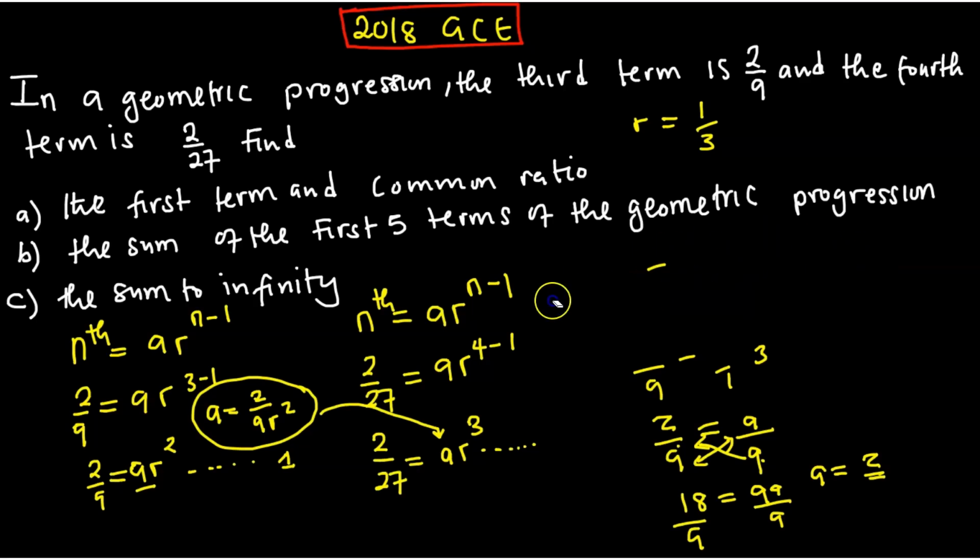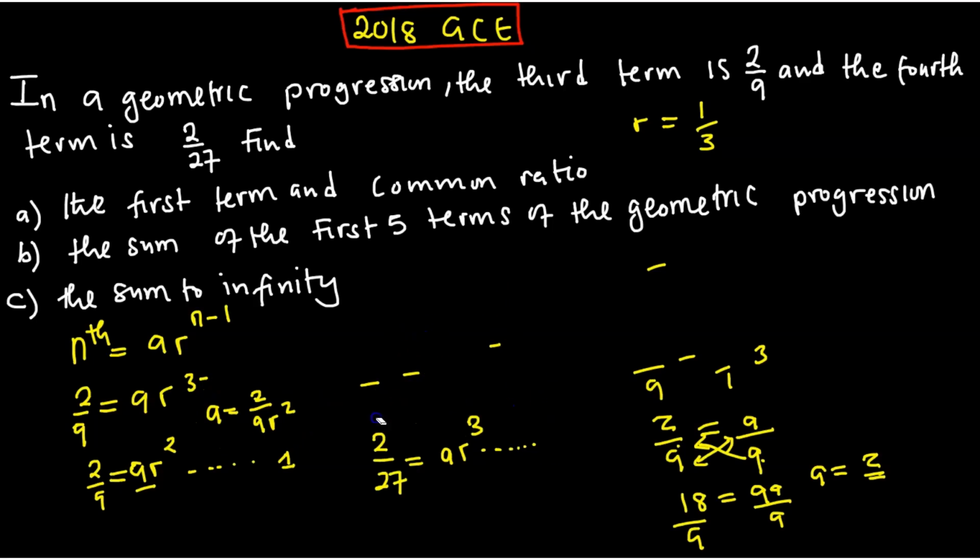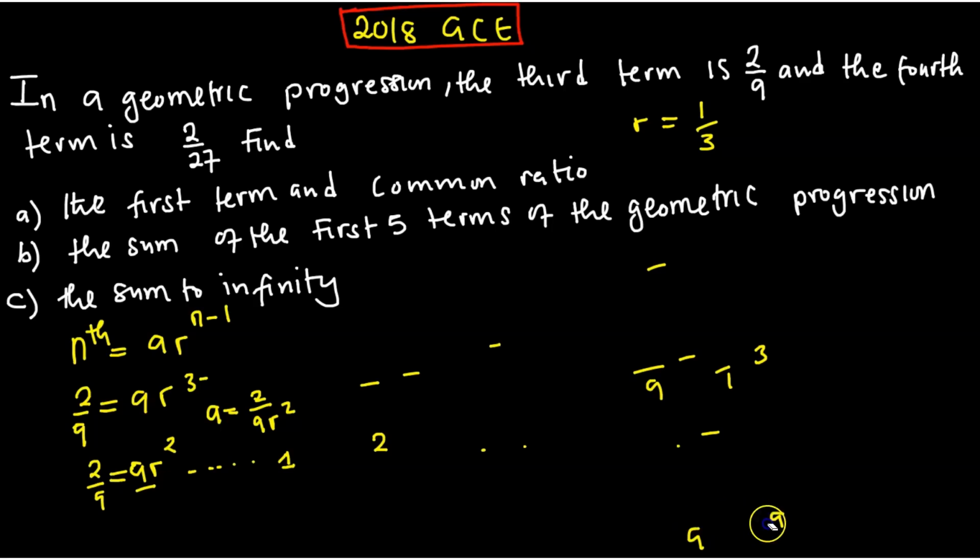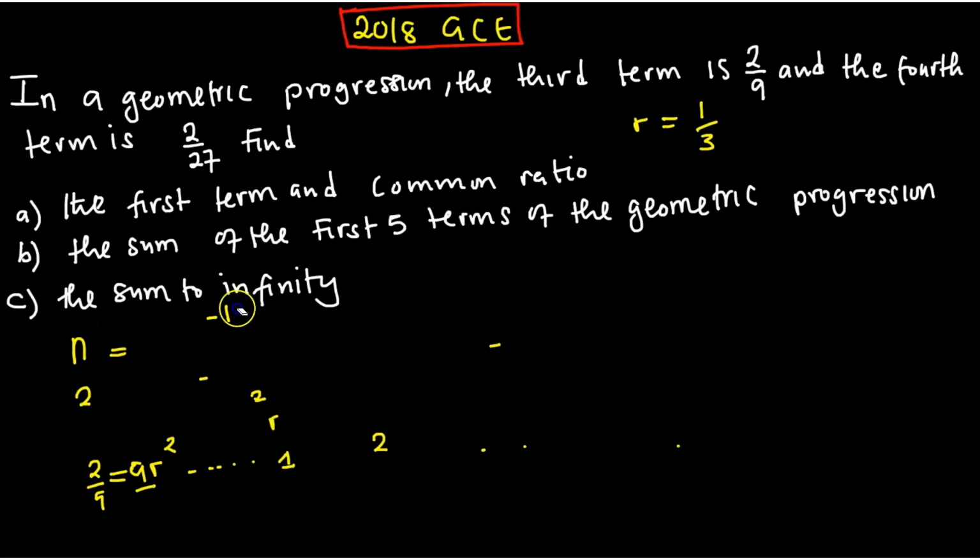The second question is the sum of the first 5 terms of the geometric progression. Here also there's a formula that you use for the sum of the nth term in a geometric progression. The formula that you use depends on the value of r.